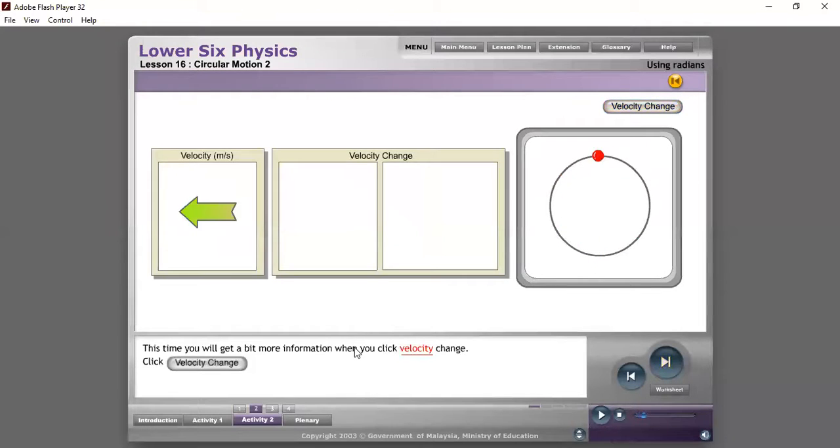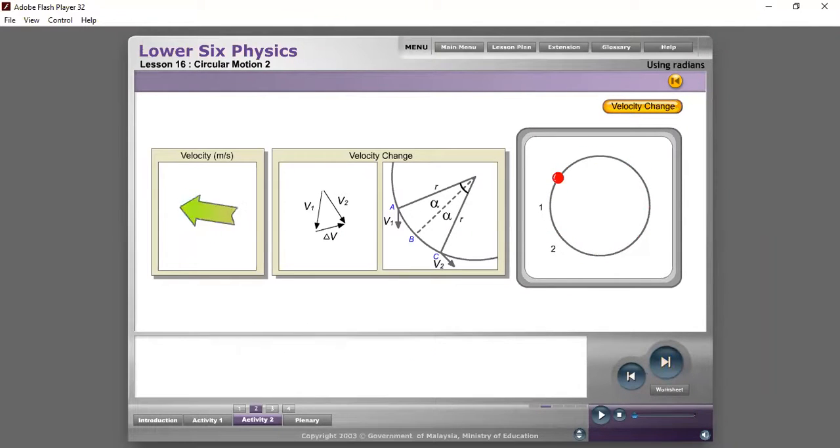This time, you will get a bit more information when you click velocity change. So now there is a big change. What is the angle between V1 and V2?